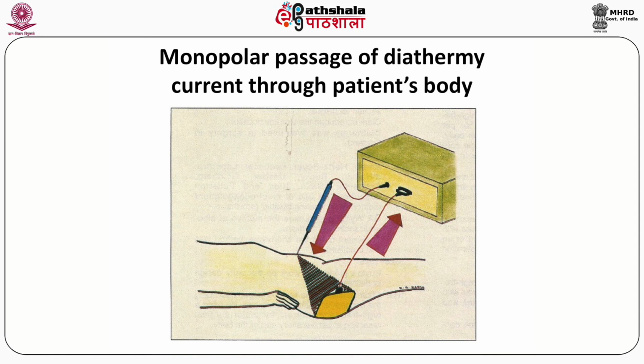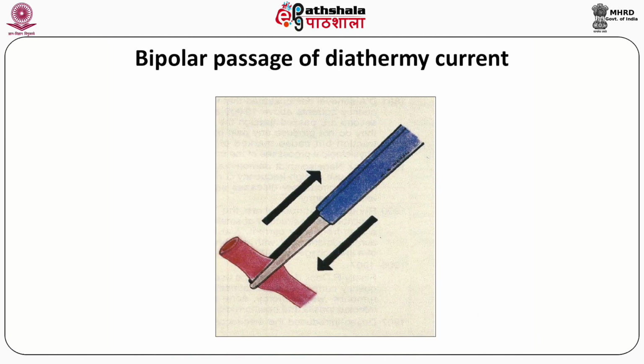With the help of the active electrode, the current enters the body, and from the indifferent electrode, the current goes back to the diathermy machine.